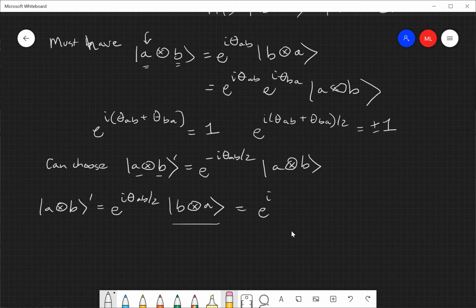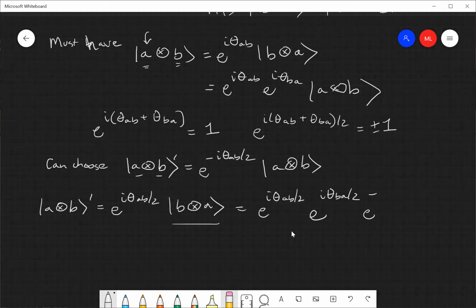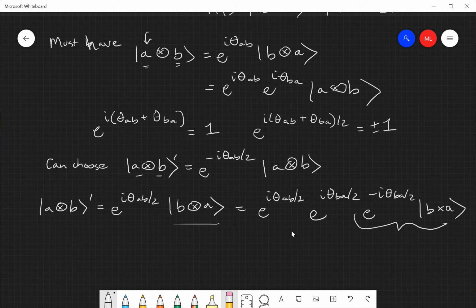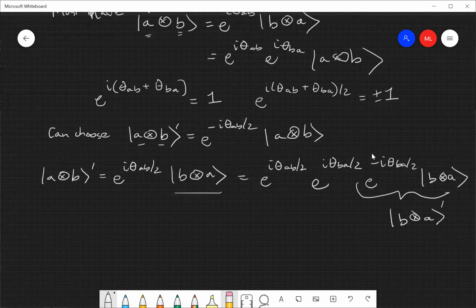I can multiply by e to the i theta BA over 2 and e to the minus i theta BA over 2. I'm just multiplying by 1, writing 1 as e to the i theta BA over 2 times e to the minus i theta BA over 2, and identifying this piece as BA prime.